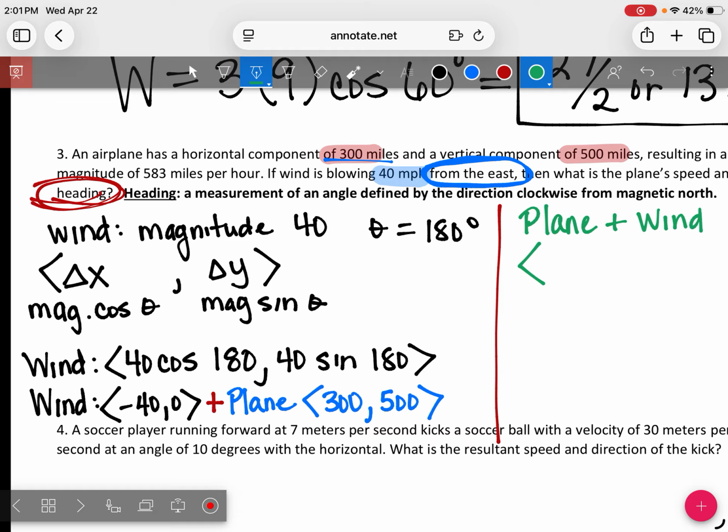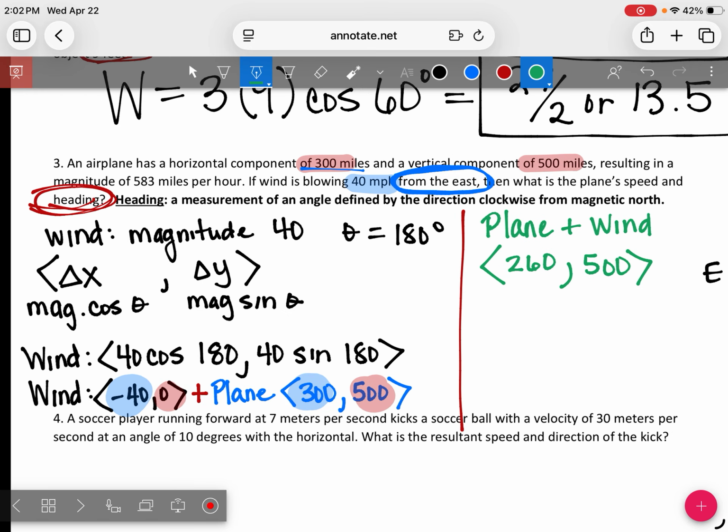So take a moment, add together your two horizontal components and your two vertical components. So negative 40 plus 300 is 260. 0 plus 500 is 500.